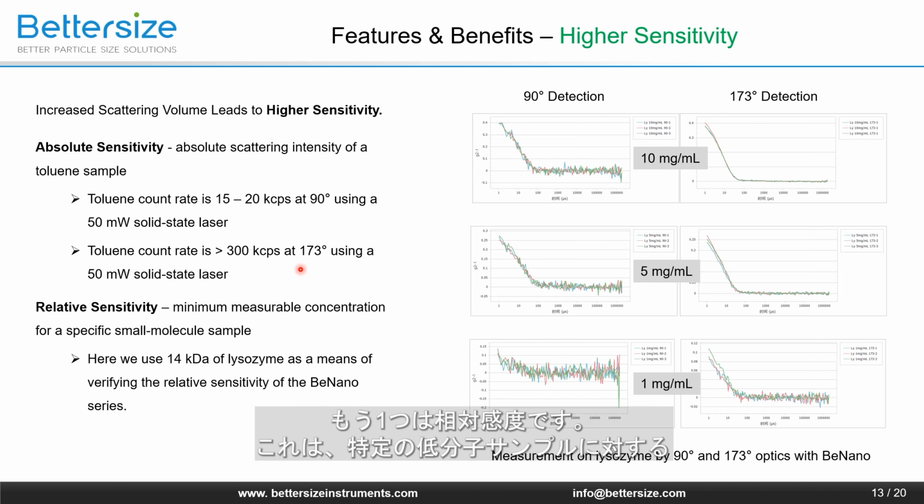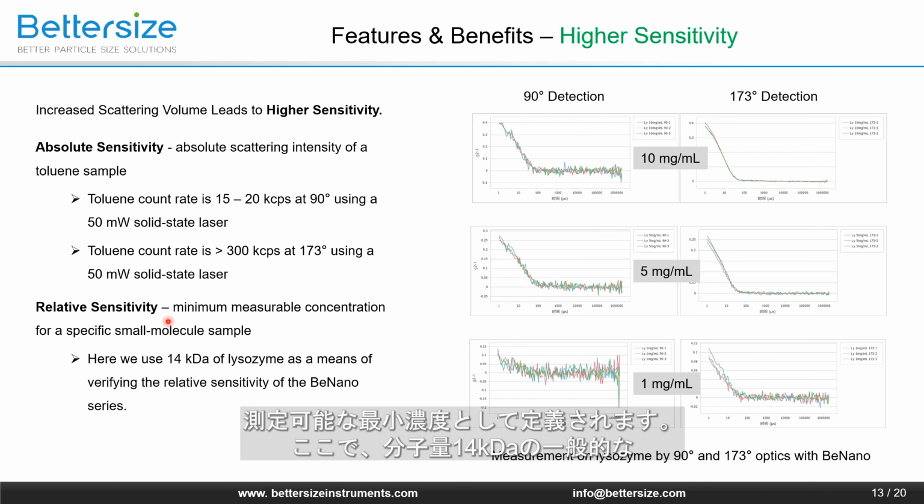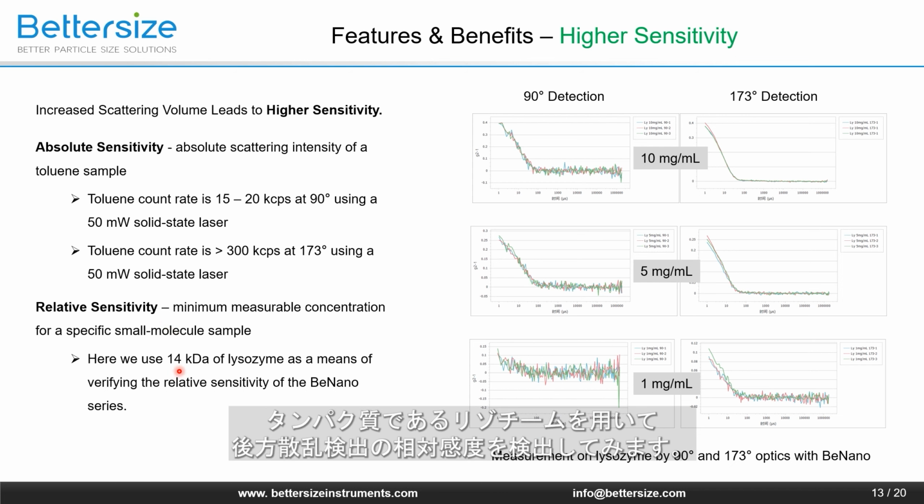So in terms of the absolute sensitivity, backscattering optics is at least 10 times as sensitive as the 90-degree optics. Another sensitivity is relative sensitivity. It's defined as the minimum measurable concentration for a specific small molecule sample. Here we use lysozyme, a very common protein with molecular weight of 14 kilodaltons, to verify the relative sensitivity of the backscatter optics.